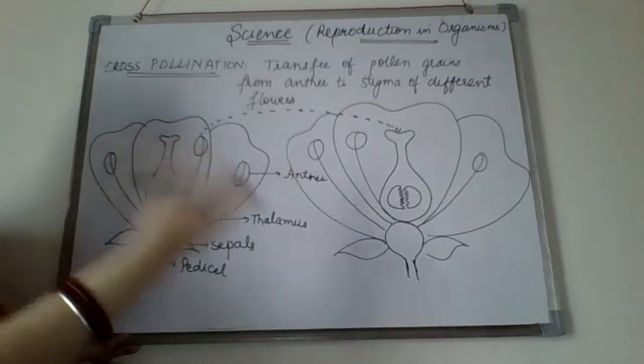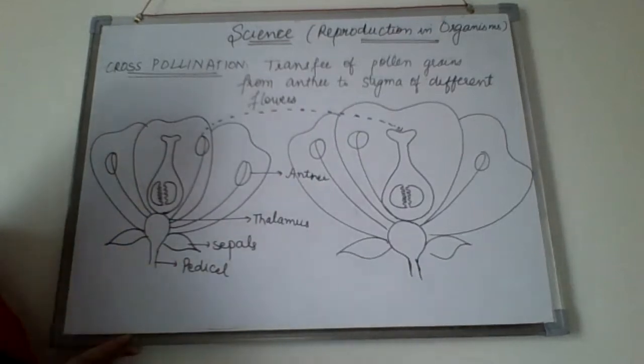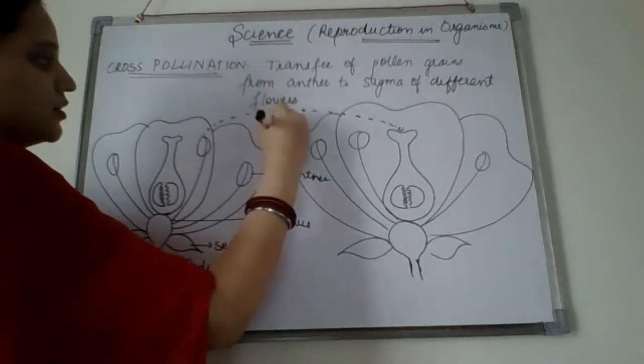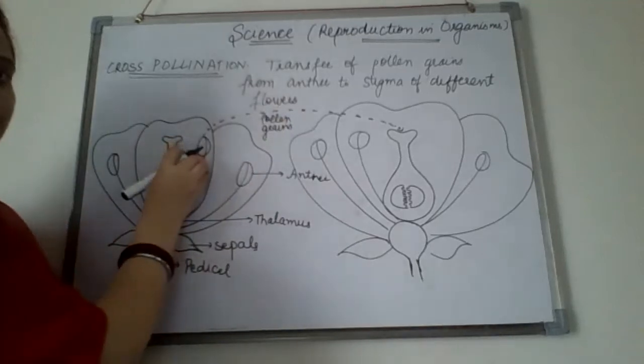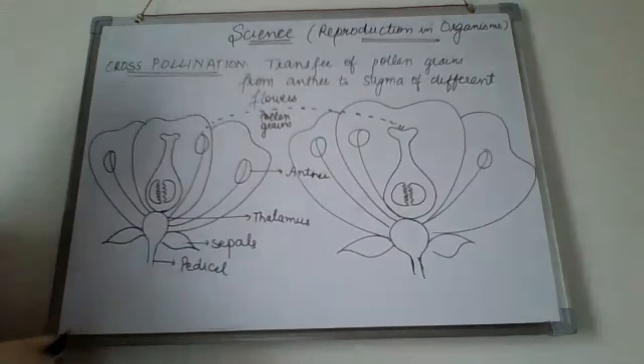So here we are using two different flowers to bring about the pollination process. The pollen grains are transferred from the anther of one flower to the stigma of another flower.